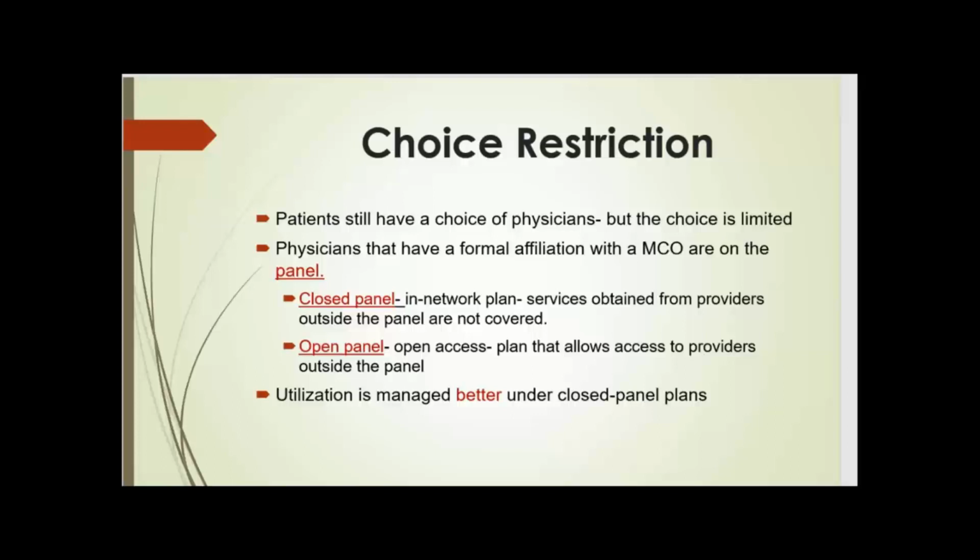And then you have utilization, which is better managed under closed panel. So earlier, this method had caused some dissatisfaction among enrollees, but now they're more willing to accept limited choice to save out-of-pocket costs. So that was pretty much what we got out of this cost control method.